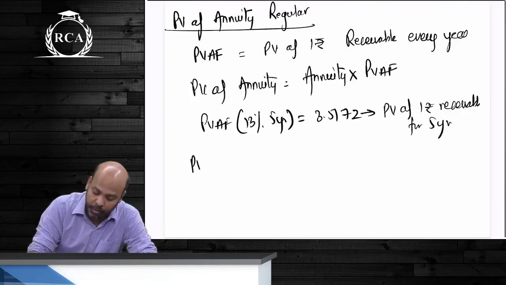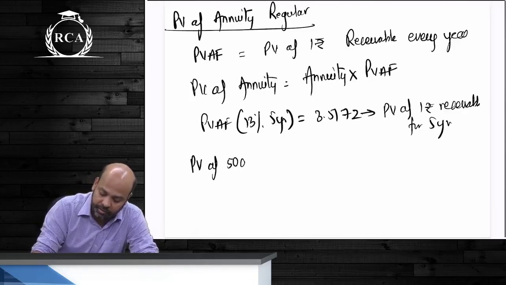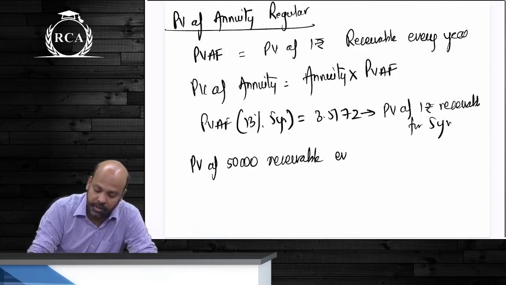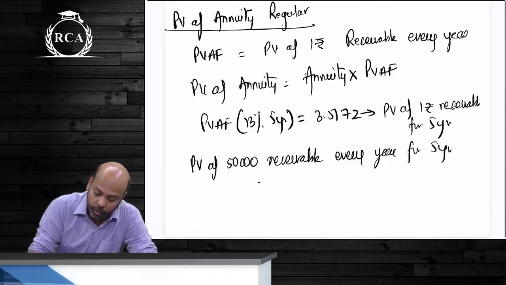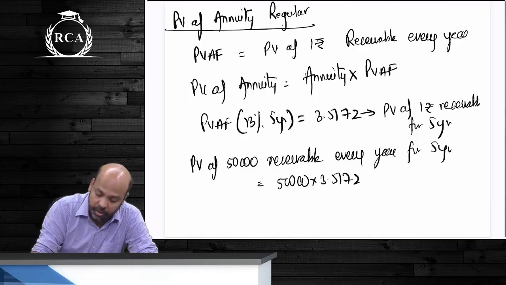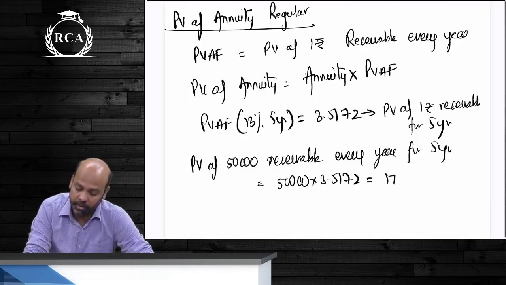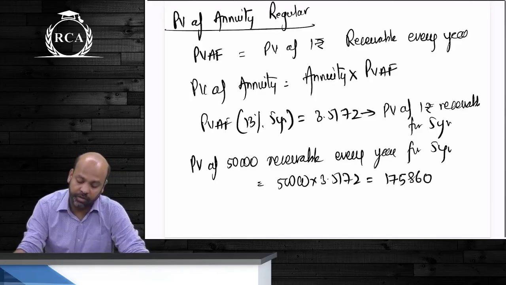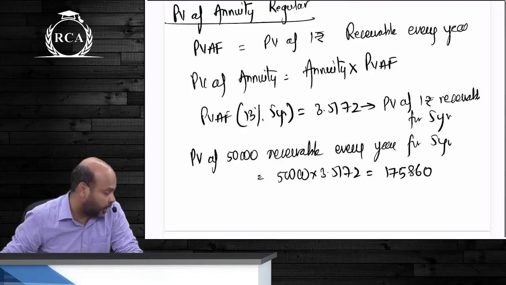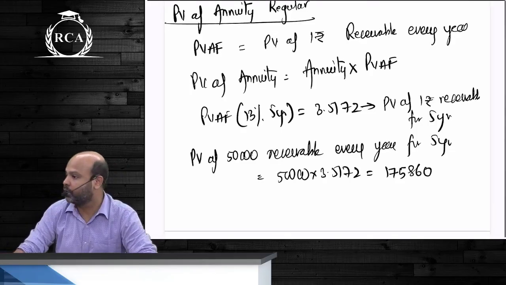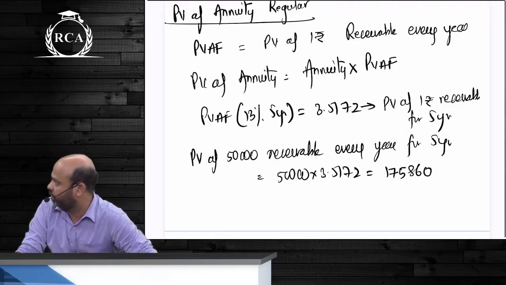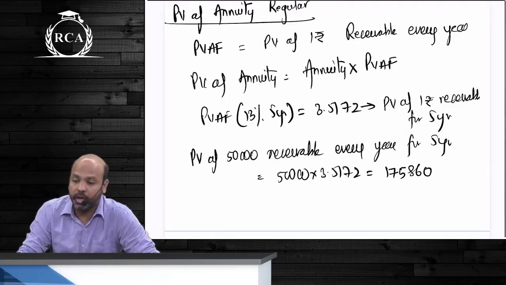If I ask you to compute the present value of 50,000 receivable every year for 5 years, the answer would be 50,000 multiplied by 3.5172, which is 1,75,860. So if you deposit 1,75,860 at an interest rate of 13%, you will receive 50,000 every year for the next 5 years. Are we all clear about this?